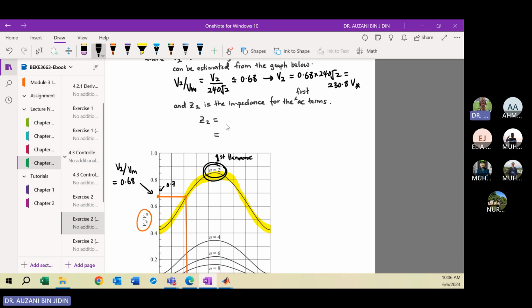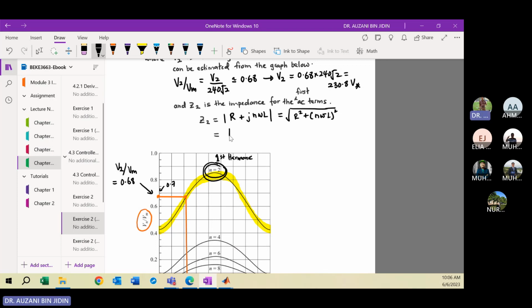Then for impedance Z2, because this is the combination of R and L, you need to calculate the magnitude of R squared plus omega L squared.